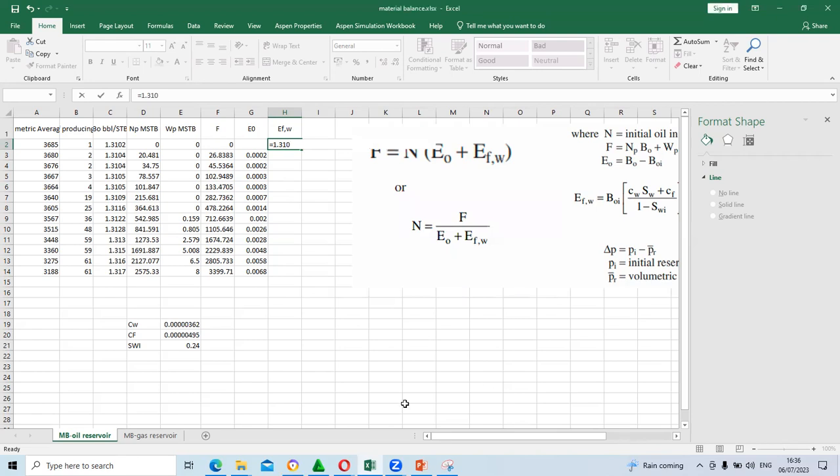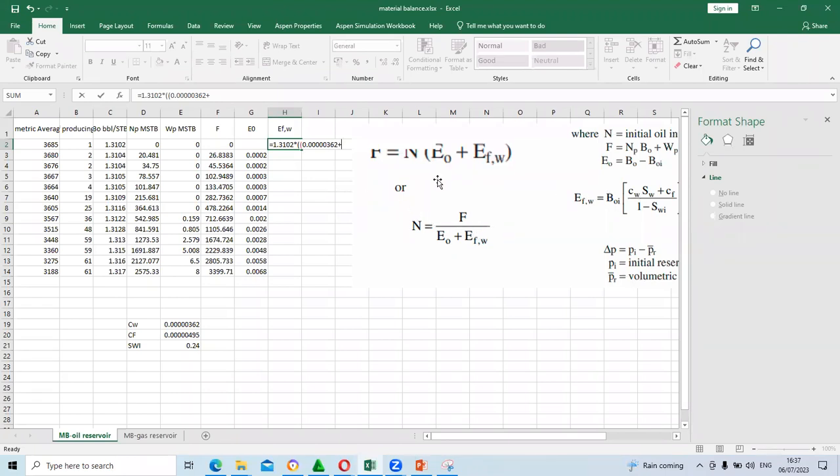So I have this formation volume factor 2 times. I open my bracket. Then I open the second bracket. I have CW. CW is 0.362 plus I have CF.